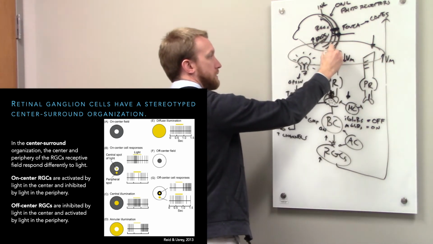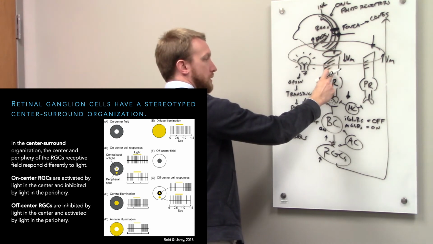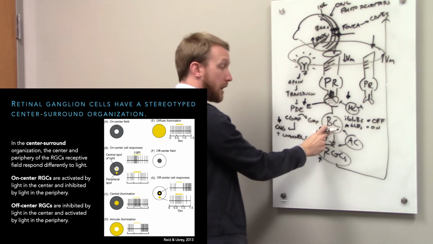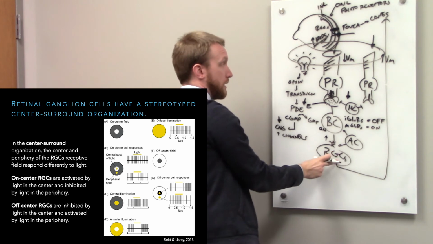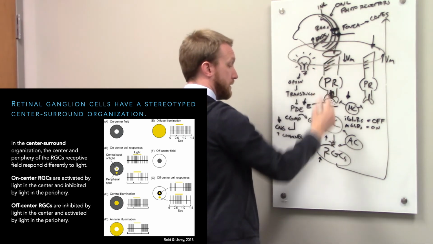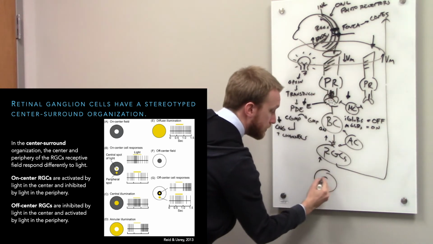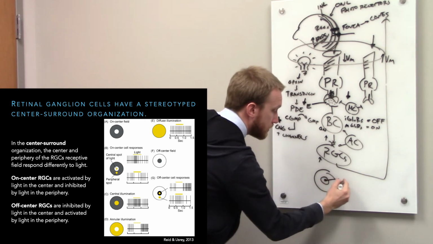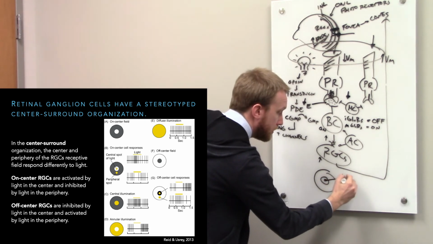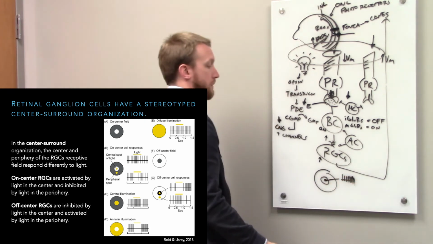Light in the center stimulates the photoreceptor, that then stimulates the on bipolar cell and stimulates the retinal ganglion cell. So light in the center leads to an increase in activity.